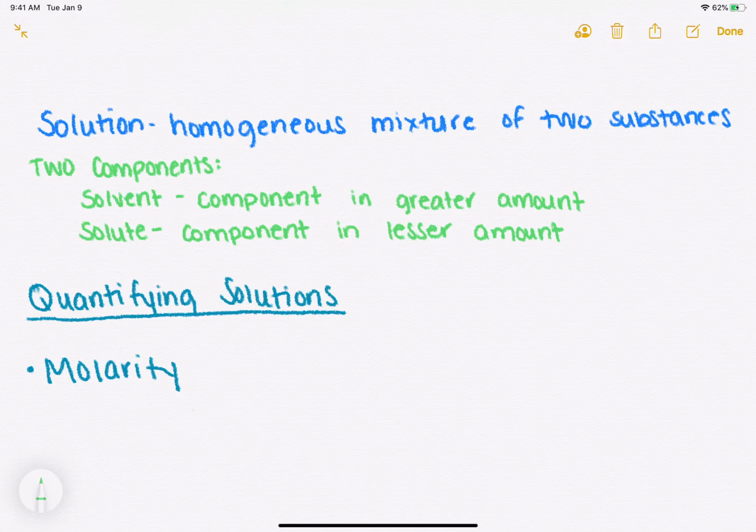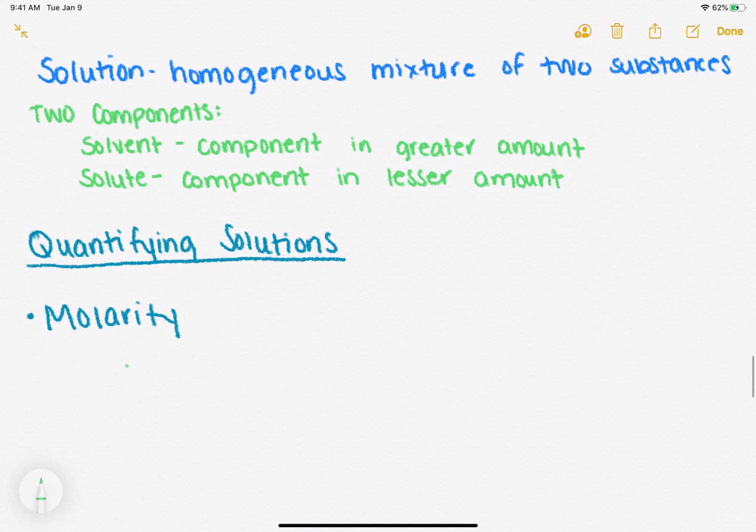So the molarity of the solution is described by the variable M, and capital M molarity is equal to the moles of solute over the liters of total solution.